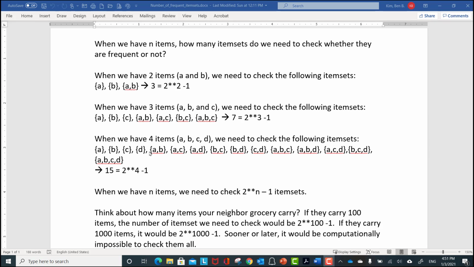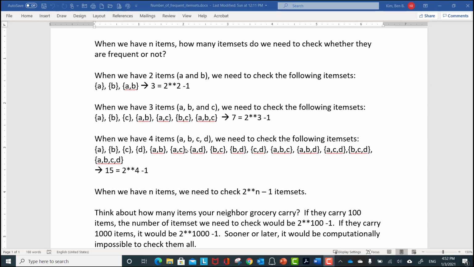I have one more example. If you found in your transactions that the item set A and B is infrequent, any superset of A and B would also be infrequent. Is that right? So ABC, ABD, and ABCD are supersets, and we don't have to count a level of support for those item sets.